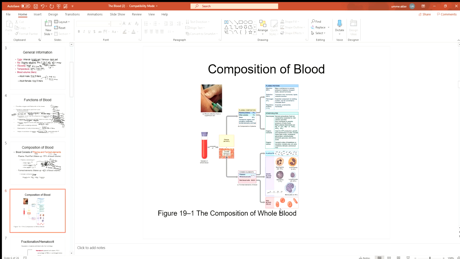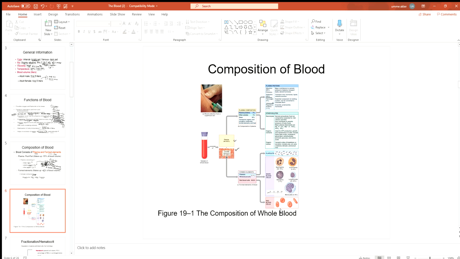So here, same thing, if you take blood and centrifuge, you will see the plasma and formed elements get separated, and plasma has three types of proteins I mentioned. Those are important plasma proteins: albumins, globulins, and fibrinogens.